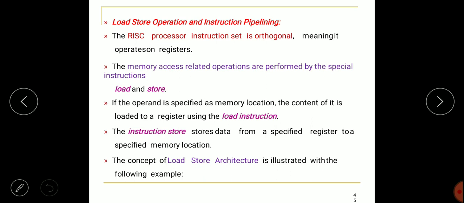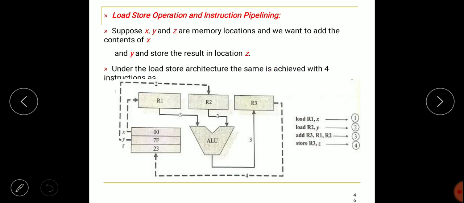Just go through them and you can easily understand. In the diagram, the data is loaded to the register, processed, stored again in the register, and the result is stored in the memory. That is how the store and load operation is performed, as shown in the diagram.